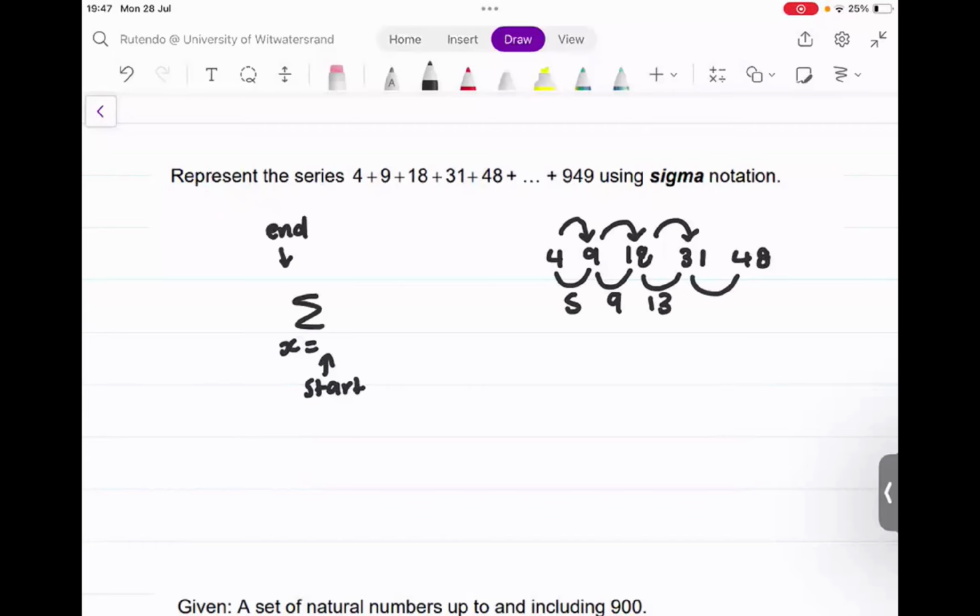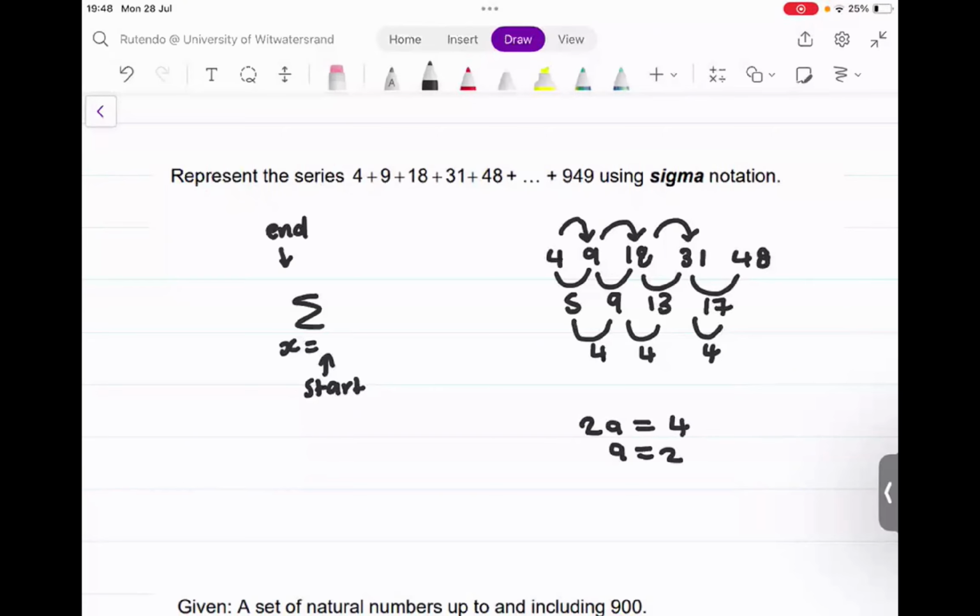Yeah, so it's a quadratic, because then here we have 4, we have 4, and we have 4. And we've practiced quadratic. We said to find a, we say 2a is equal to the second difference, which is 4. So my a is equal to 2. So I'll have a equals 2.